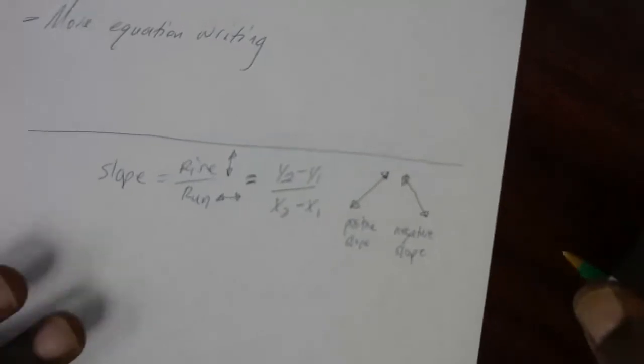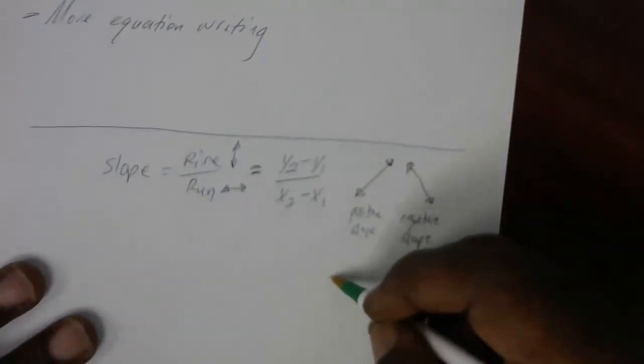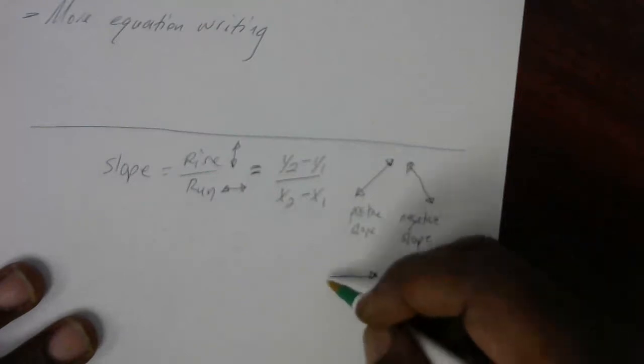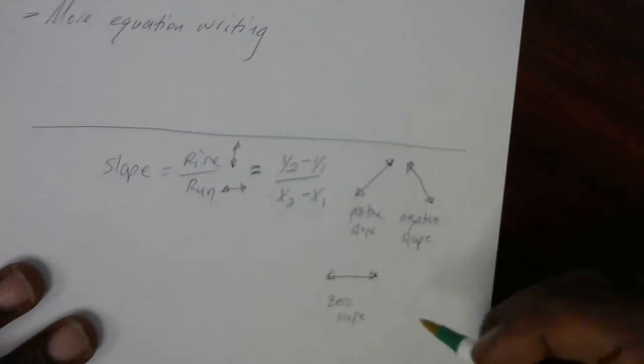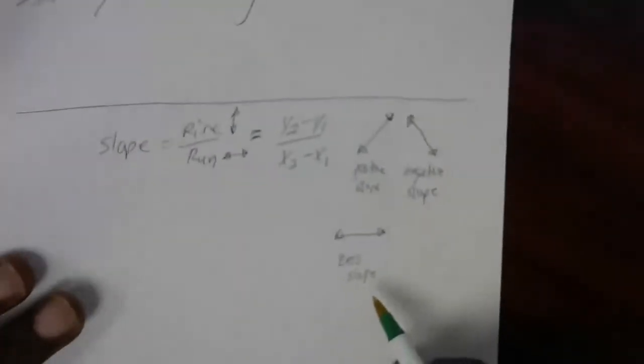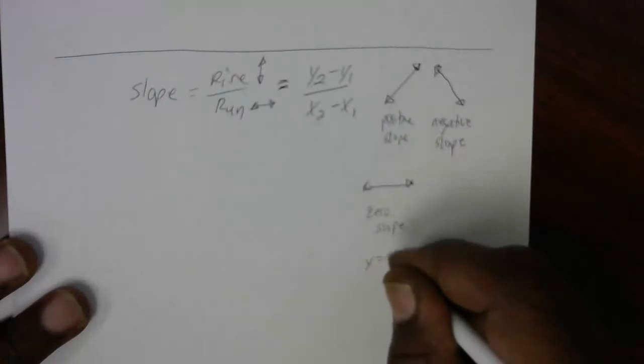And there were two types of special lines. There was a horizontal line, and it has a zero slope. These equations are in the form y equal to some constant.